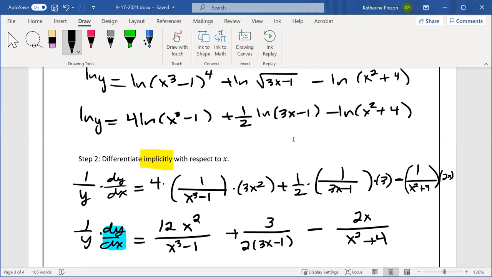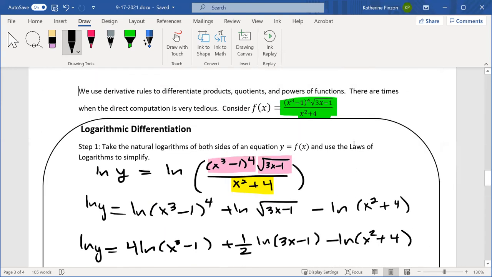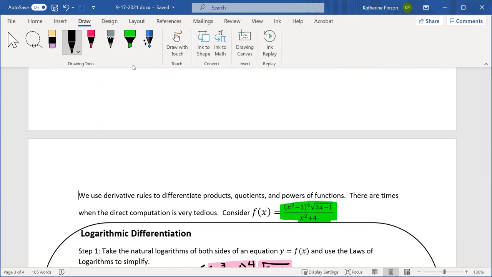Derivative of natural log of 3x minus 1 is 1 over 3x minus 1 times 3, derivative of the inside. So that's the rule that we just used: the derivative of natural log of u is 1 over u times the derivative of u, whatever the inside stuff is.